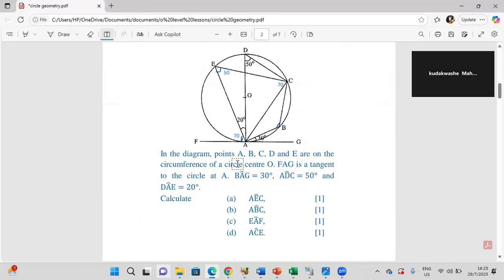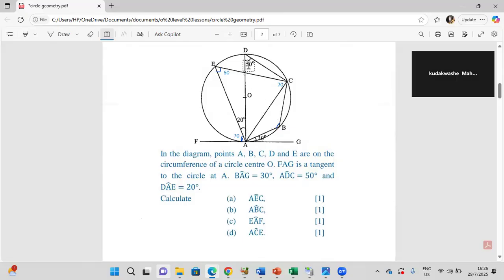What else can we figure out? The other angle that the examiner wanted is this one, B. Remember I said this is a cyclic quad. If you take A, B, C, E, this angle and this one add up to 180. Or you can even use D, A, B, C. This and this should add up to 180.